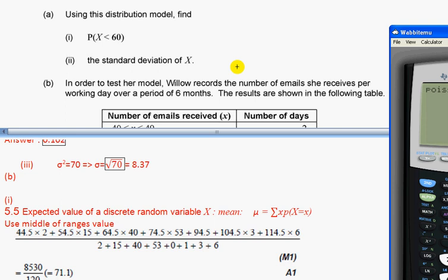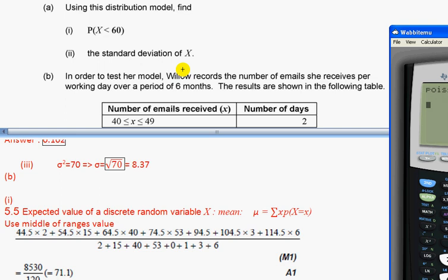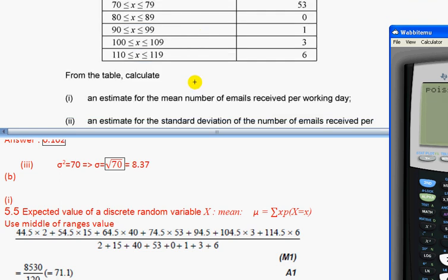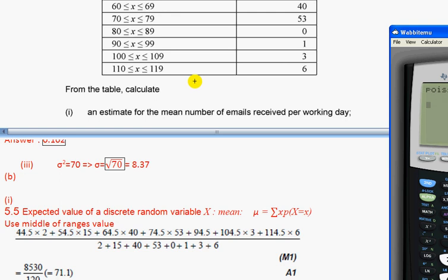Long method is to use section 5.5, expected value of discrete random variable, so for mean we have sum of value times probability. Probability is number of events divided by total. So actually we need this expression, and you can do it.